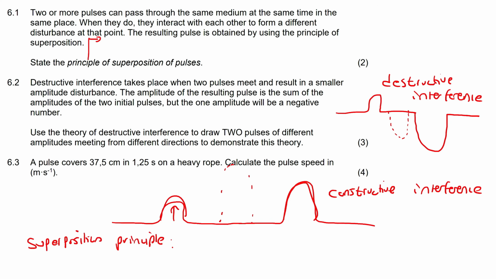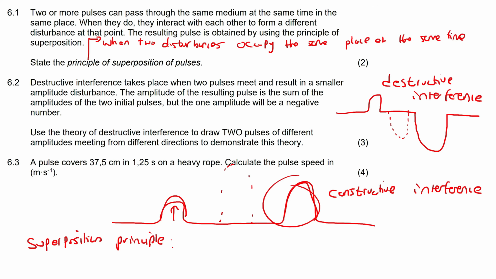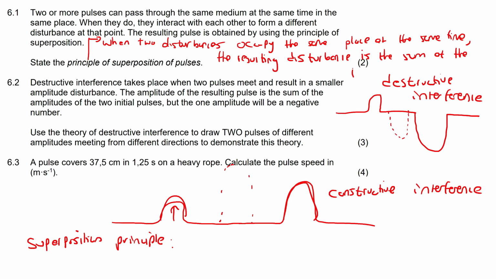But pretty much we can say something like: when two disturbances, each of these are disturbances, occupy the same place at the same time, like when we said that these two are going to occupy the same place at the same time, the resulting disturbance is the sum of the individual disturbances.